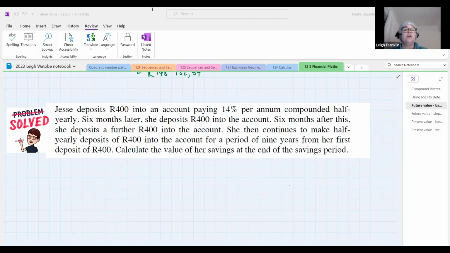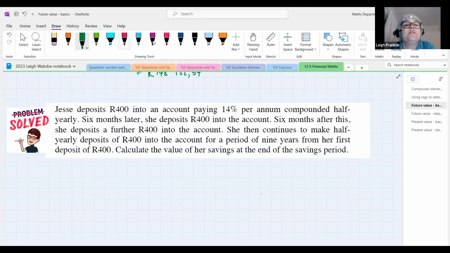Okay, she wants to save money. She wants to have a future value, retirement annuity, or some kind of savings, etc., etc. Okay, so we know what they want us to do. We can see here in this situation, again, they're asking us to calculate future value. Right? So what's the value of X in this case?